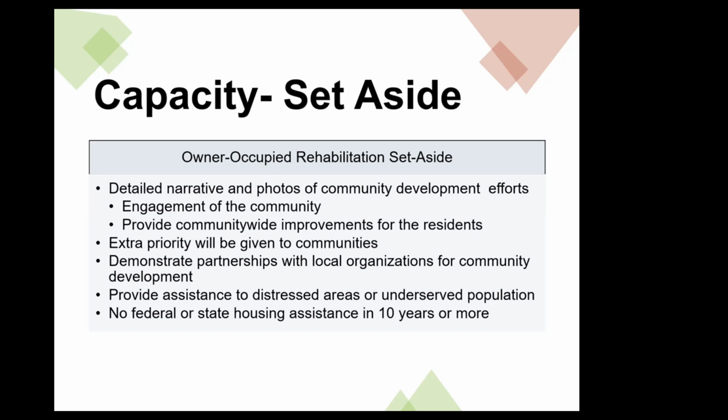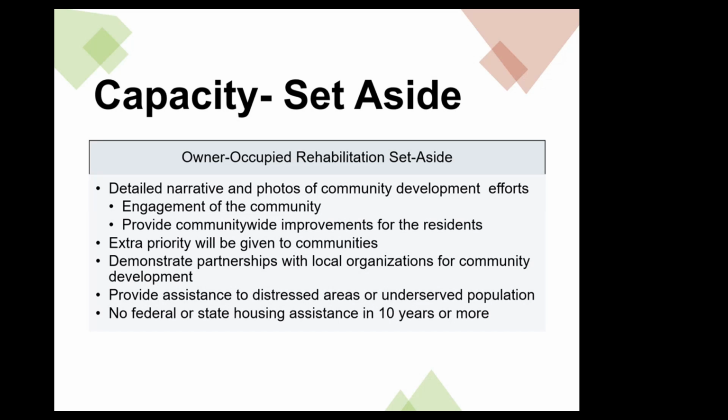Looking at the capacity set aside, what we talked about earlier: the information that we require for the set aside is a little different because you won't have past experience to lean on. So we're looking at a detailed narrative with photos of community development efforts and engagement. That would look like your engagement with the community, like I spoke on earlier, and or how you provide countywide improvements for the residents.